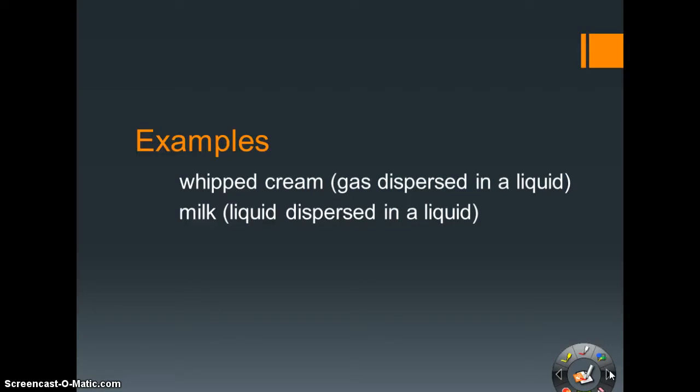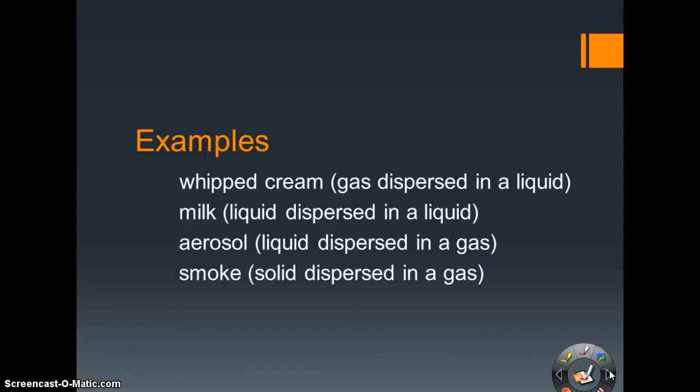Milk is a liquid dispersed inside of a liquid. In milk, you have those fatty particles in liquid form, and then there's water in there as well. An aerosol is a liquid dispersed in a gas. When you push it down, those liquid particles remain suspended in the gas that's propelling it, so that's kind of like a fog.